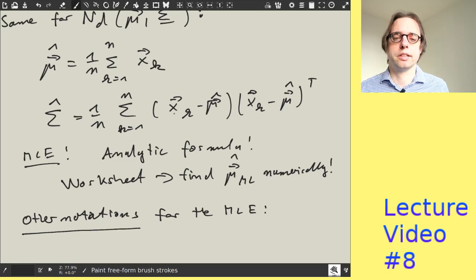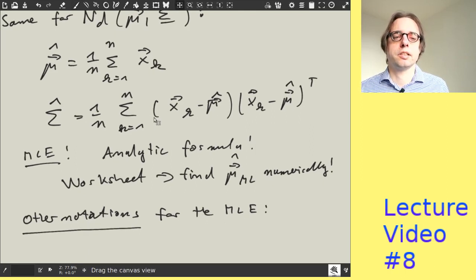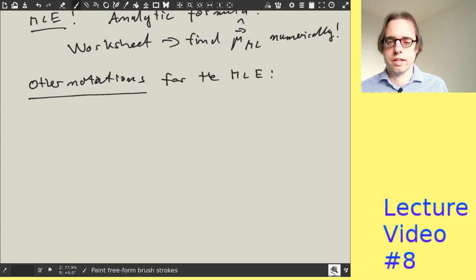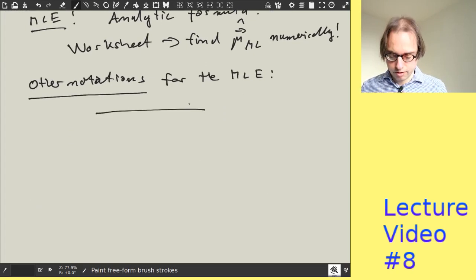So I use data vectors, and I think it's the shortest notation and also the one that is closest to the univariate notation. Okay, so that's it for the multivariate normal.